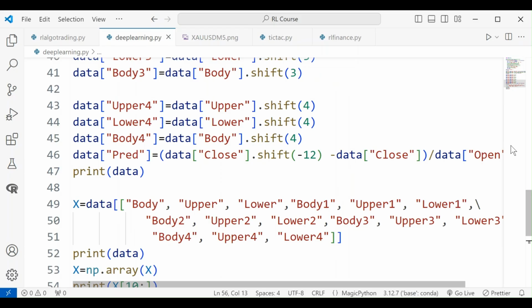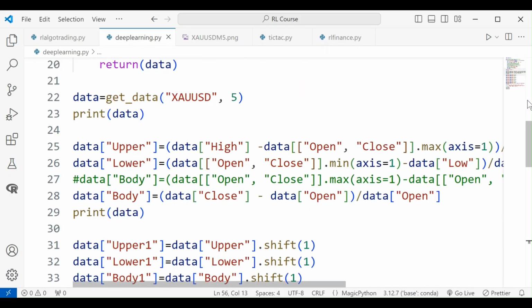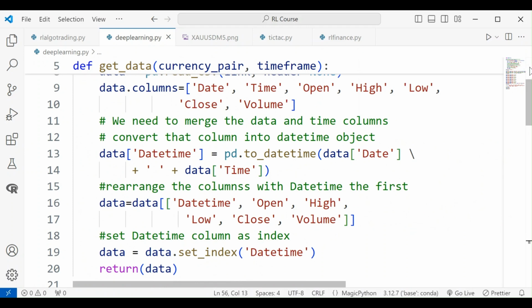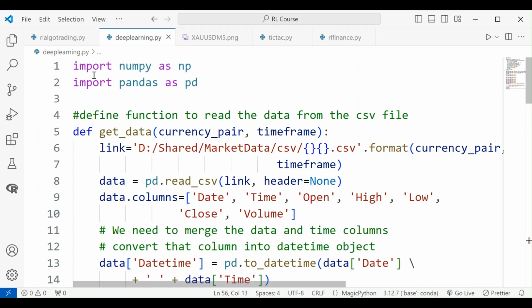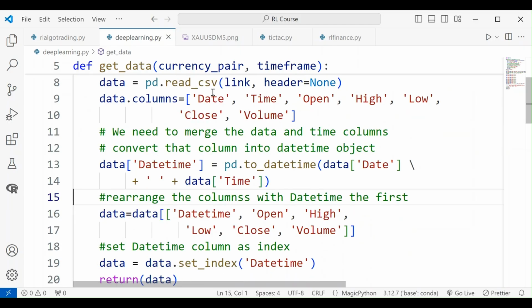This is a very important step that you should understand. First we import numpy, then import pandas, then this is get data. I had explained this function in the previous video also.